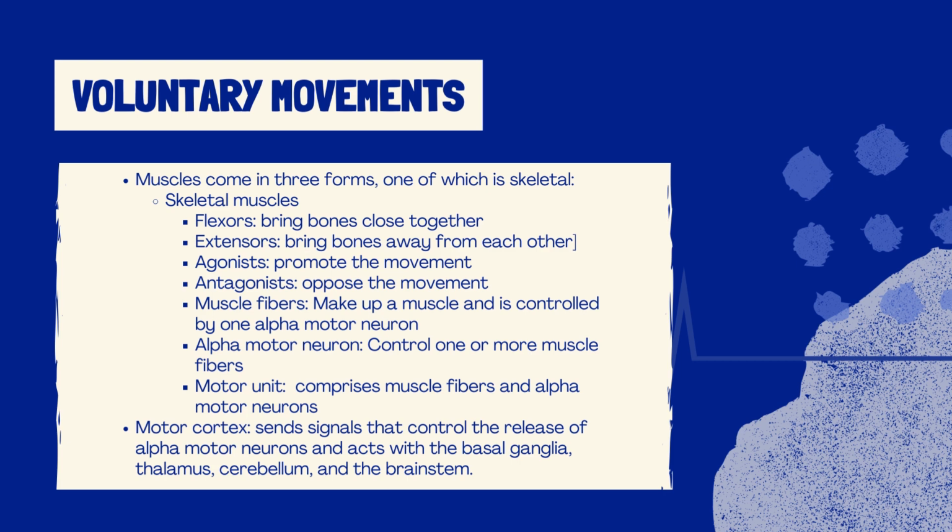So, agonists promote the movement and antagonists oppose the movement. So, in every single movement, we have two muscles, one on the top, one on the bottom. One is an agonist, promoting the movement that you want to do. Antagonists oppose it, so you won't overdo it and you know when to stop.